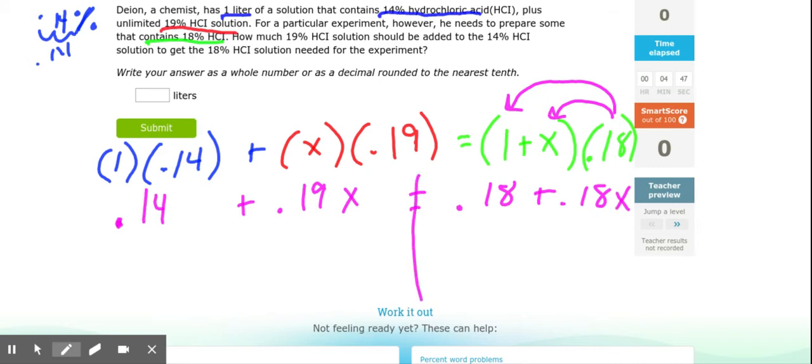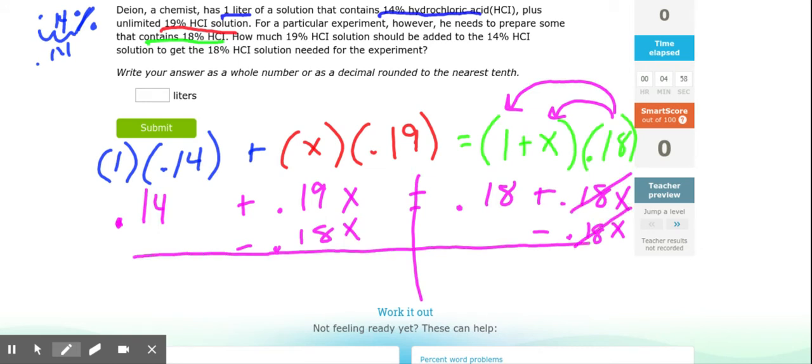So first thing we need to do is get the x's on one side. So I'm going to subtract the lower one, which in this case is 0.18x. So then we have 0.14 plus 0.01x equals 0.18.